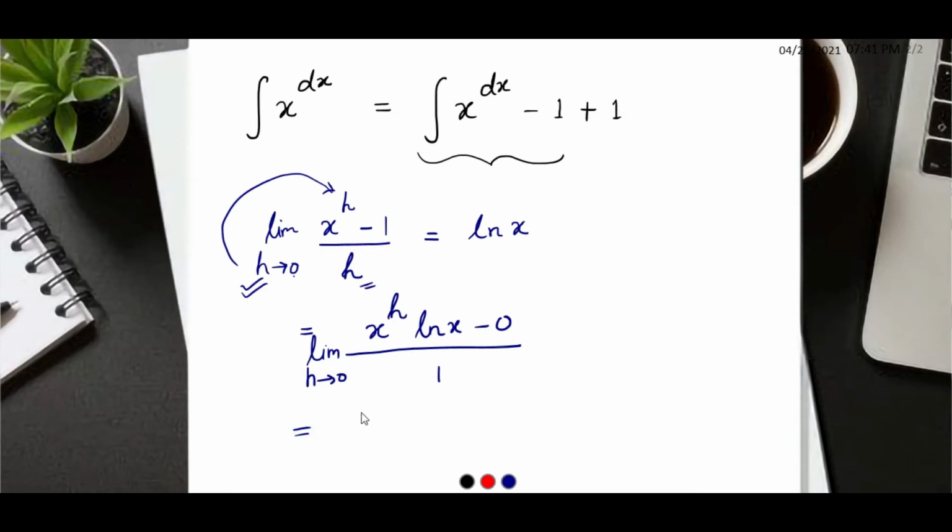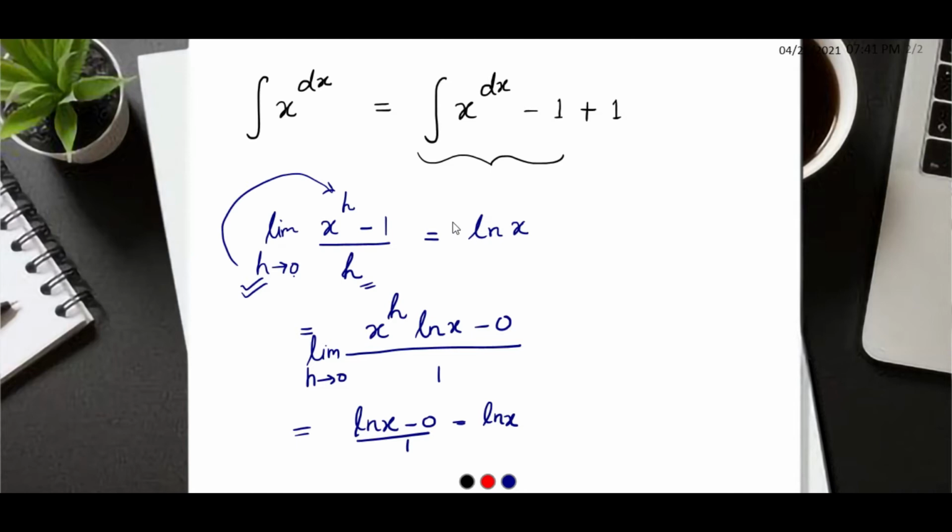Now let us apply the limit h tends to 0. x raised to the power 0 is simply 1, so log x minus 0 over 1 is log x.